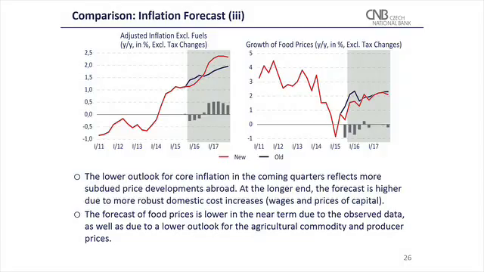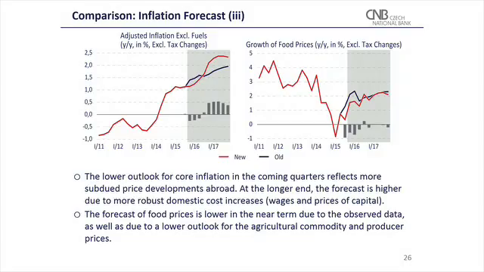But what dominates in the longer end of our outlook, it's the faster nominal wage growth and stronger economic activity. While for the food prices, we had a downward forecast error in the third quarter of this year, which we reflected into the forecast, which shifted down.